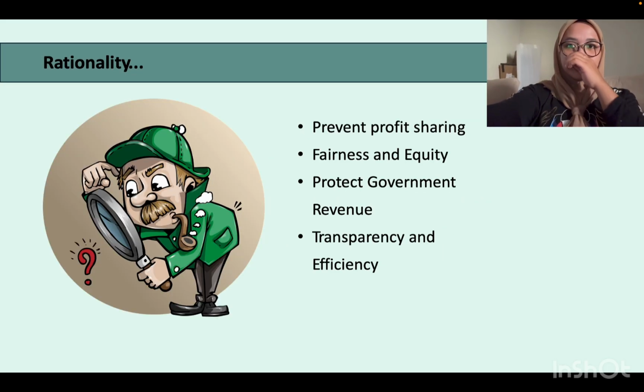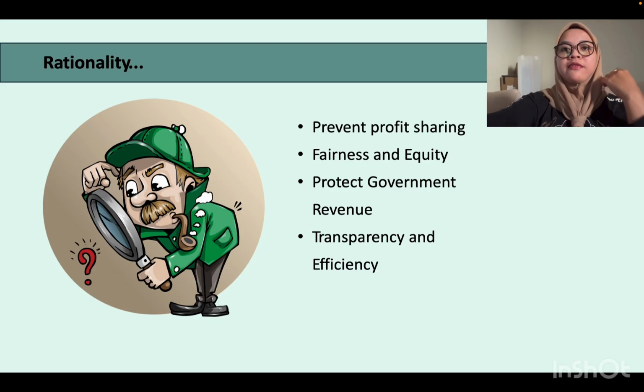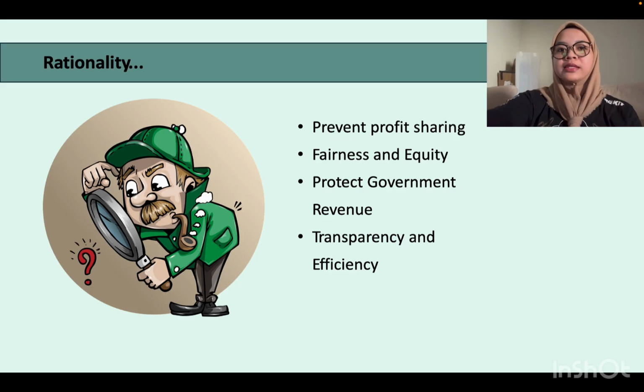And now we're going to talk about the rationale of this consolidated group taxation. This approach ensures that profits are taxed where value is actually created. Another important rationale is fairness and equity. Domestic and small businesses operating only in Australia do not have access to international tax planning strategies, and they generally pay the full corporate tax. In contrast, some multinational companies have achieved very low effective tax rates.